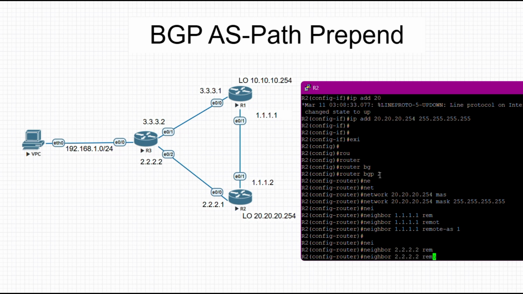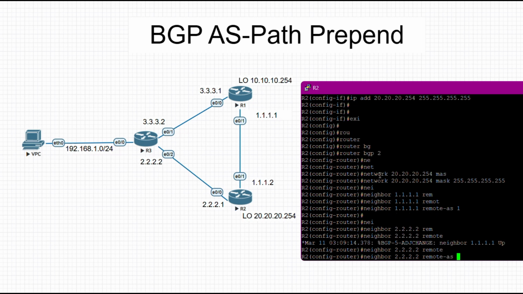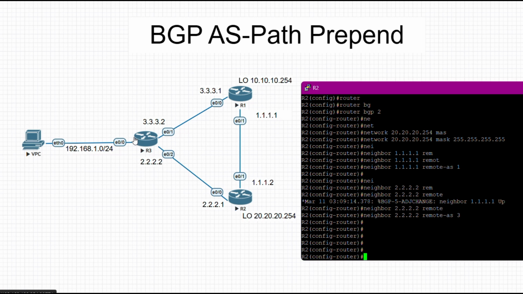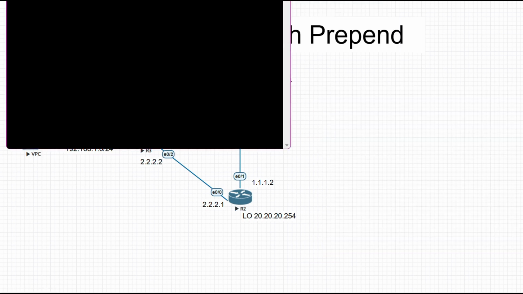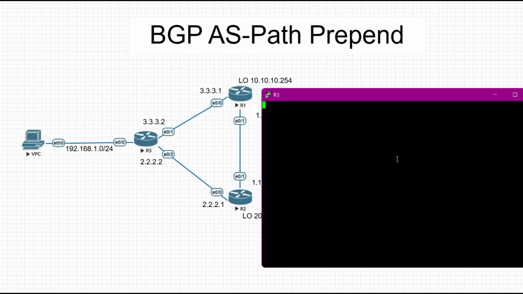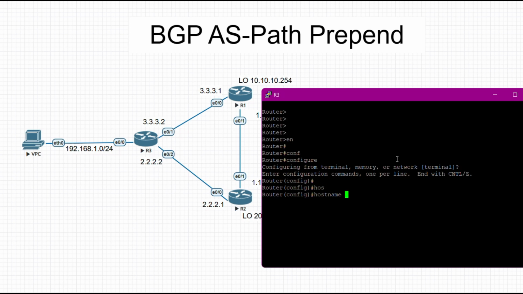As you can see, the neighbor 1.1.1.1 is currently up since we're already done with the configuration. After that, let's go ahead to R3. Let's enable the interface, do the configuration, and type in the host name R3. So we have three interfaces here facing R1, R2, and the local area network. Let's configure Ethernet 0/1, type in 3.3.3.2/32.